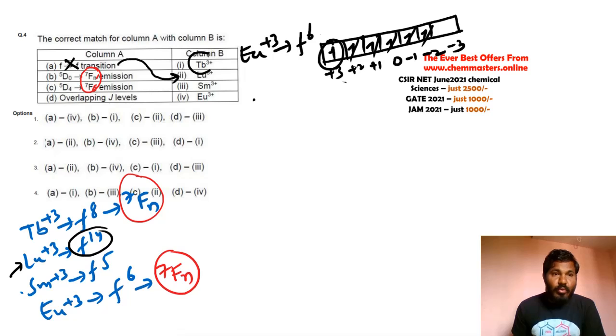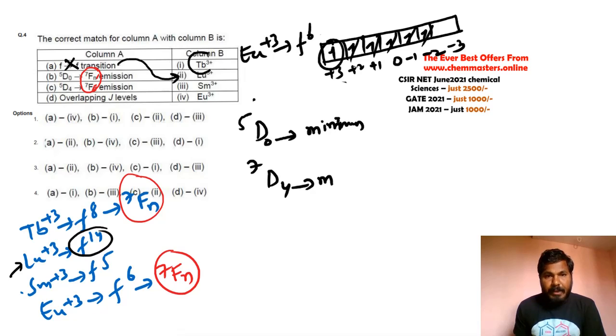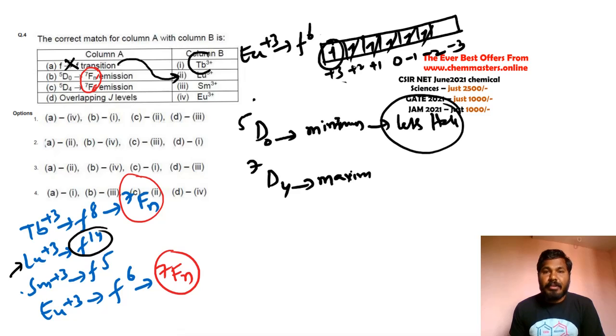We need to look at the J values. Here we have two of them, 5D0 and another one 5D4. Here the J value is minimum for this one, and here we have the maximum J value. We know that for a less than half-filled electronic configuration, we take the lowest J value as the ground state.